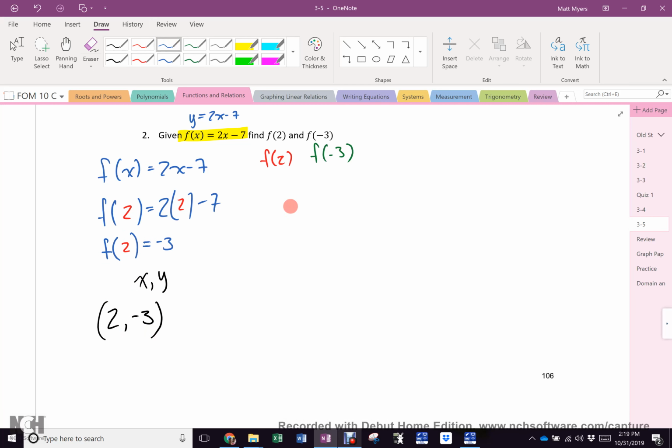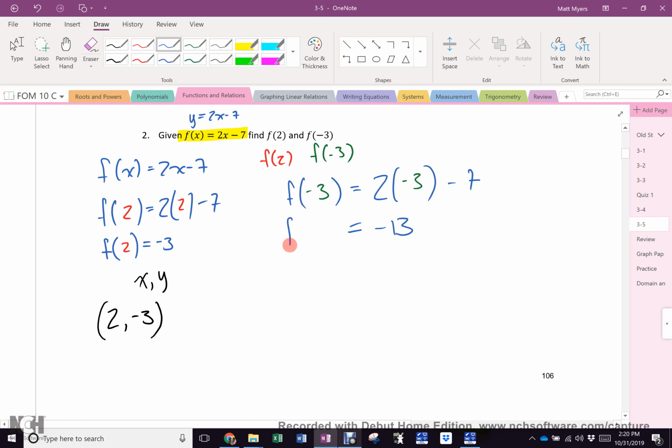Okay. What's going to happen with the f of, what's the x become now? Negative 3 equals 2 times what? Negative 3 minus 7. What's 2 times negative 3? What's negative 6 minus 7?